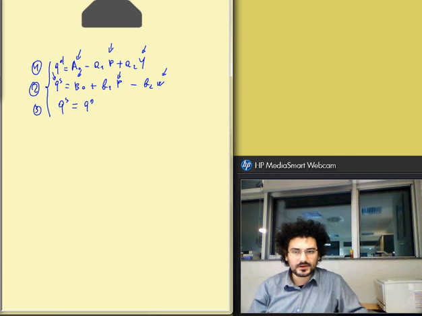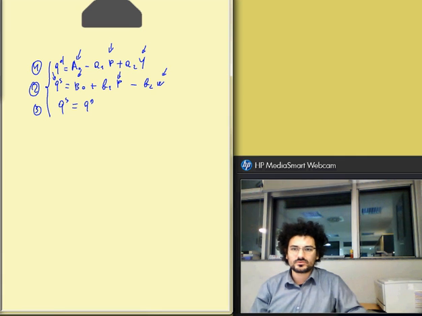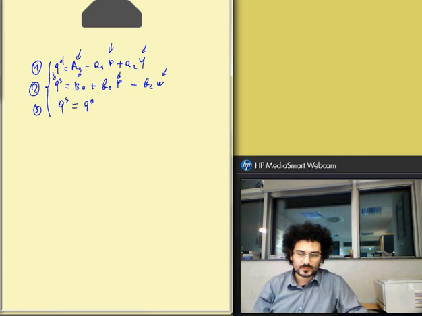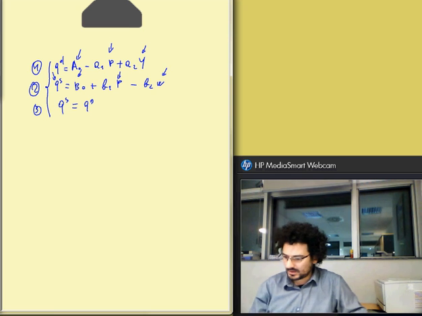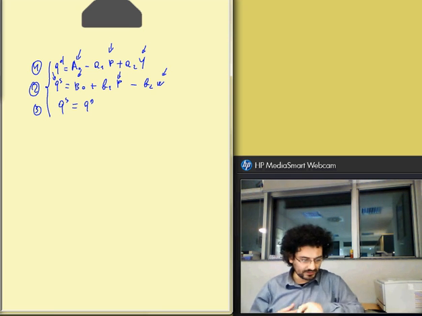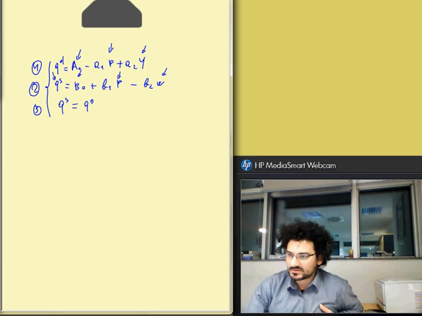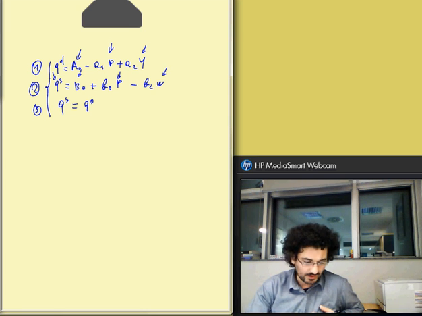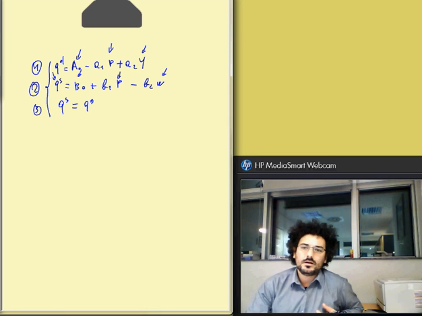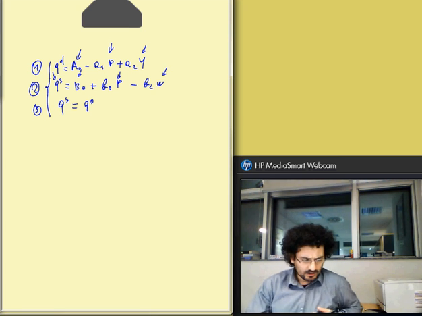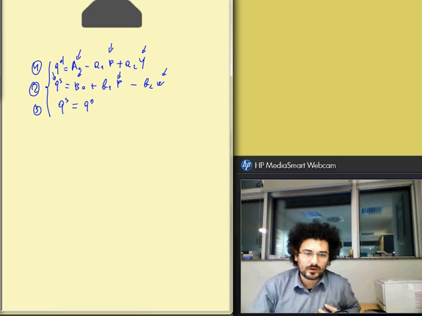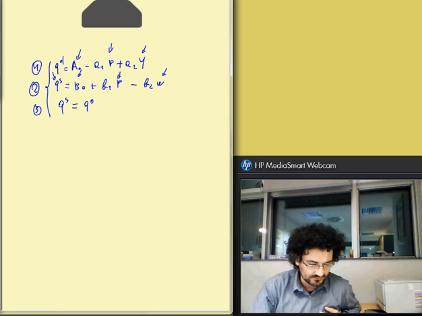So we have three equations, and in these three equations we have three endogenous variables, because endogenous variables are variables determined in the model, and they are demand QD, supply QS, and equilibrium price P. All our other variables are exogenous variables in the system.